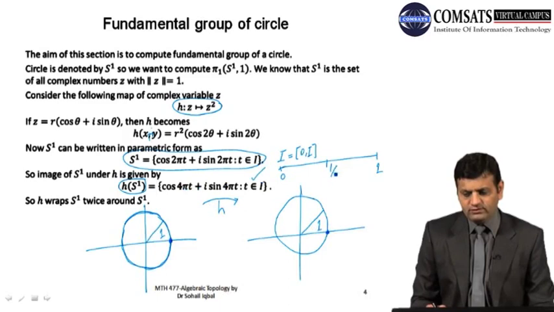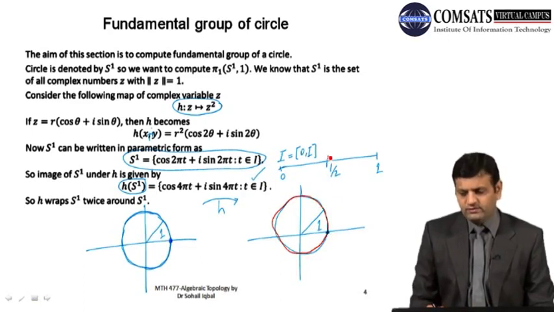But when t reaches 1 by 2, we get the point cosine 2 pi plus iota sine 2 pi. In other words, when t varies from 0 to 1 by 2, we complete the whole circle.